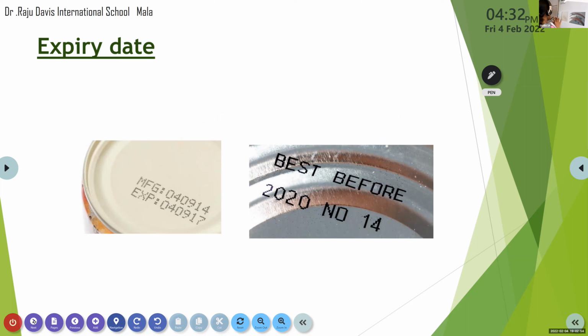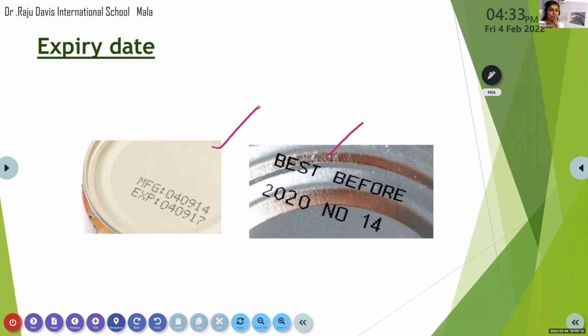What can we see in this picture? What is expiry date? What is meant by this expiry date? There is one date on packed food items when we buy them from the market.